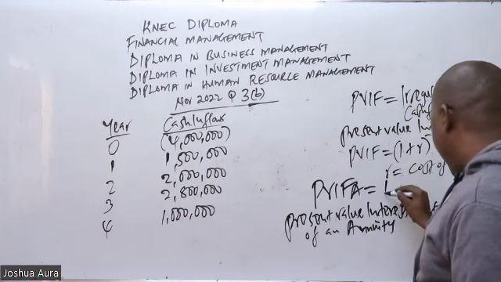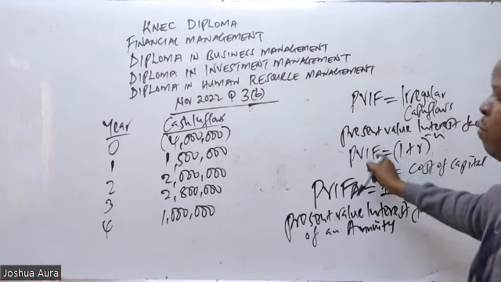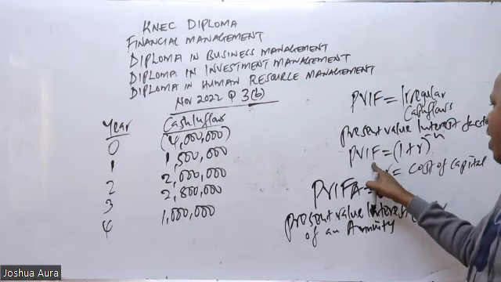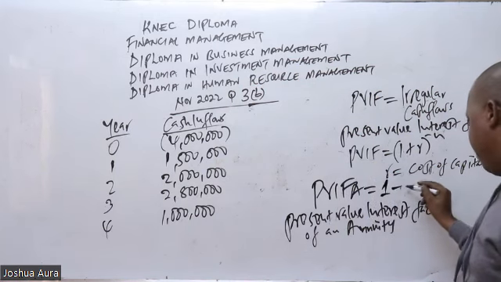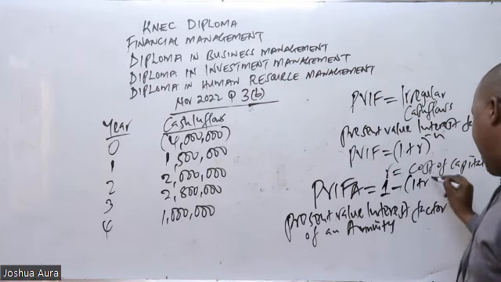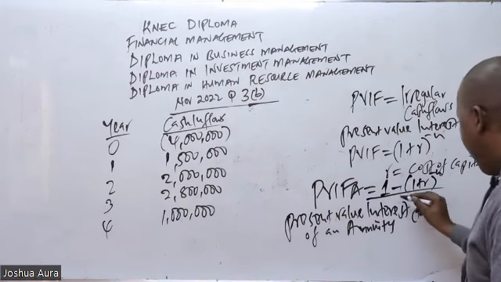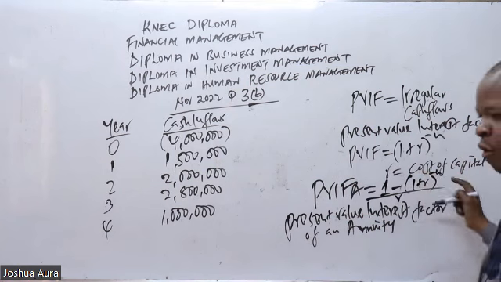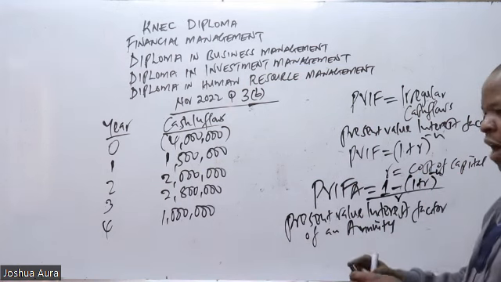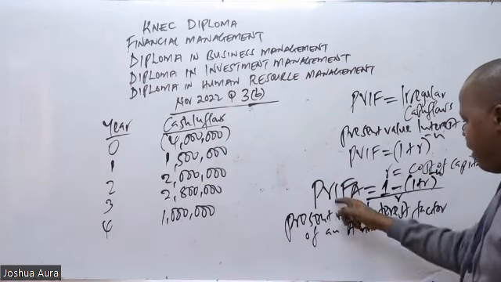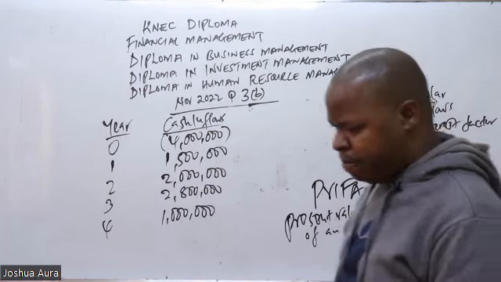It's 1 minus (1 + R) raised to negative n, all over R. So this is the formula of getting PVFA.